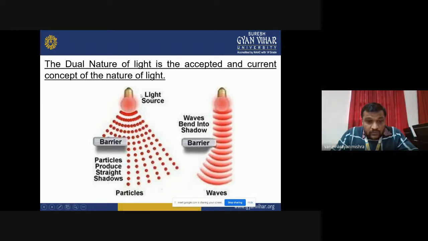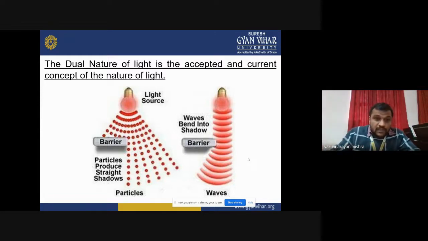When a light source passes through a barrier, as light is made of small particles, it produces a straight line, a kind of shadow. At the same time it also has wave characteristics, so it can bend when it passes through a barrier. If there is a barrier, it bends into the shadow.